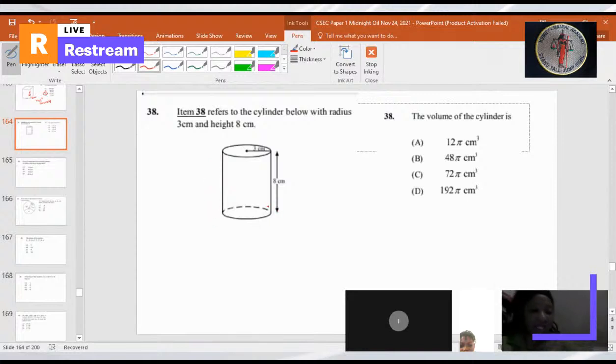So since in the cylinder the base is circular, we would find the area of the base, which is pi r squared.